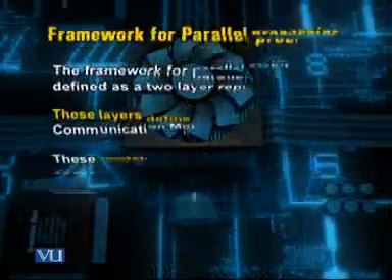Now, these issues can be taken up while designing the parallel processing architecture. For this purpose, let us describe a framework for parallel architecture.